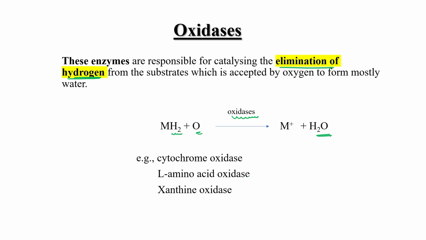Examples of this group are cytochrome oxidases, L-amino acid oxidases, xanthine oxidases. So what is the main role of oxidase enzymes? Elimination of hydrogen from the substrate.